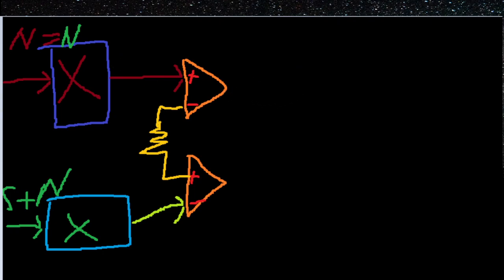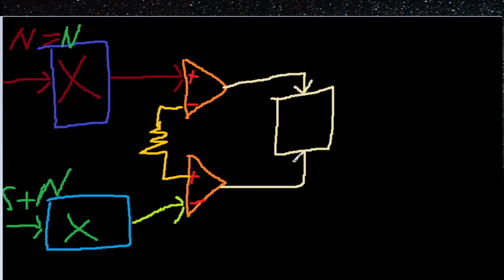So then you've got another box, and you've got outputs. Maybe you've got an output coming to here, another output coming to here, and then an output coming to here, and supposedly this is just your signal.